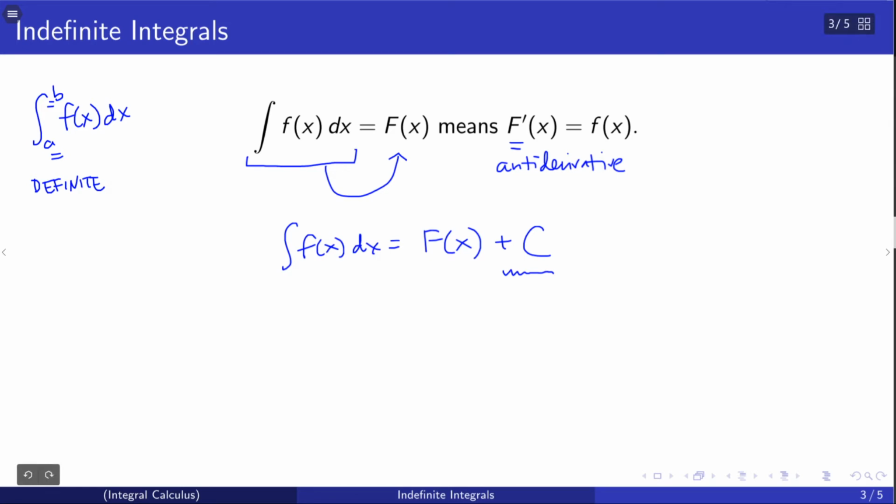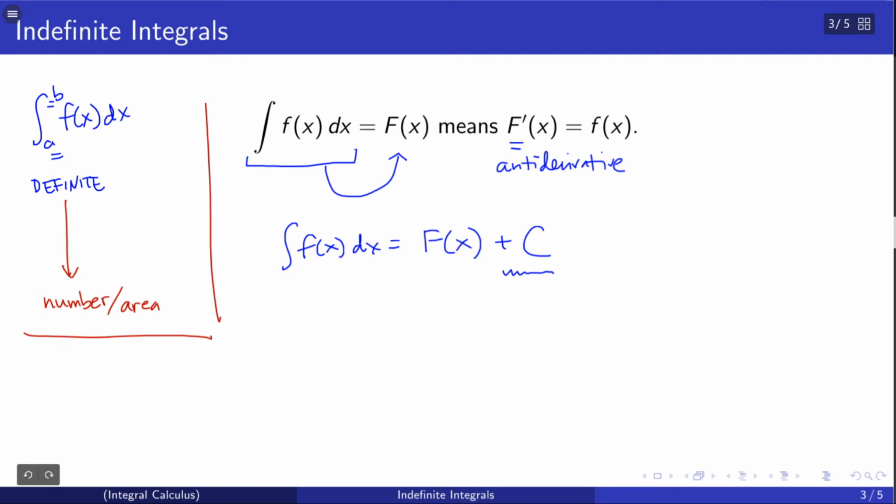And just to emphasize the distinction between definite and indefinite integrals: when you evaluate a definite integral, you're going to get a number which represents the area in between f of x and the x-axis, that net area.